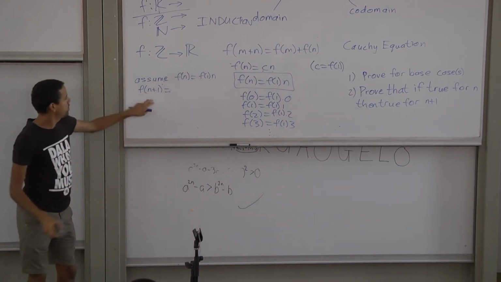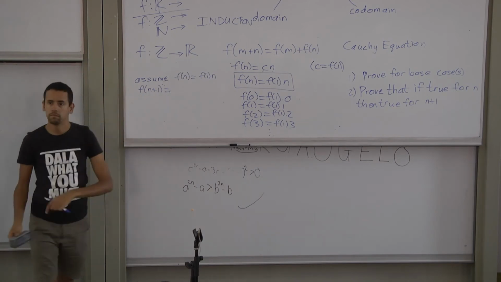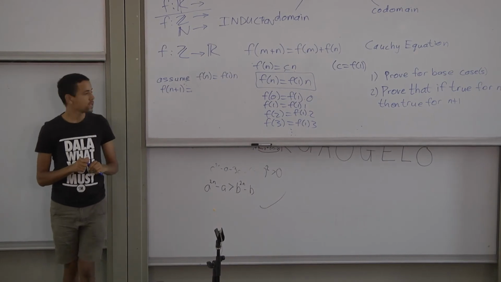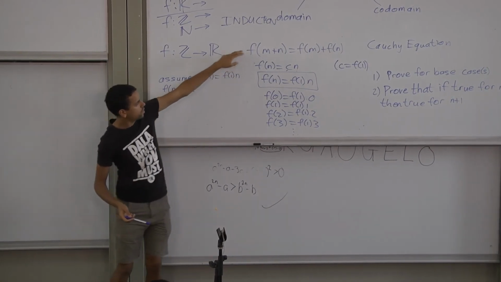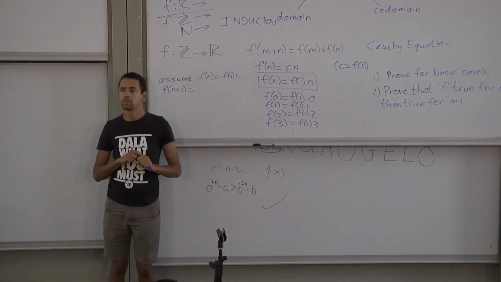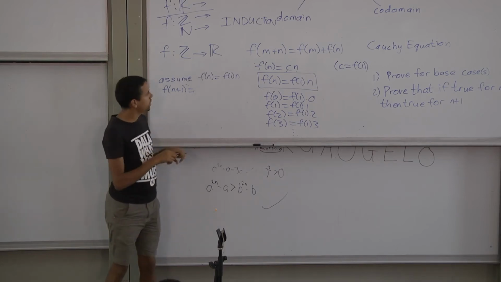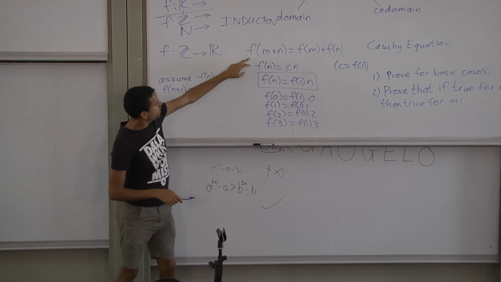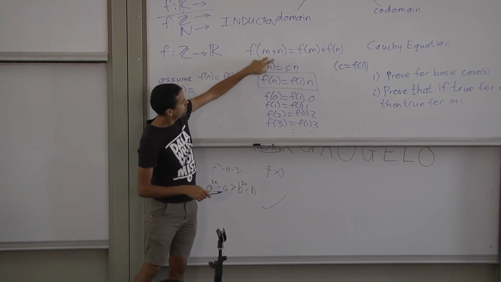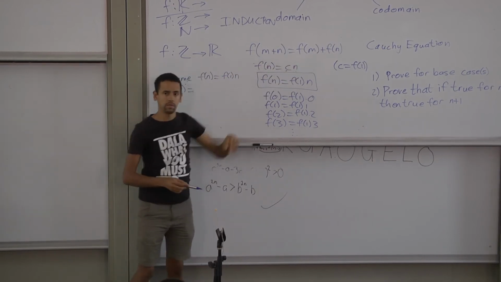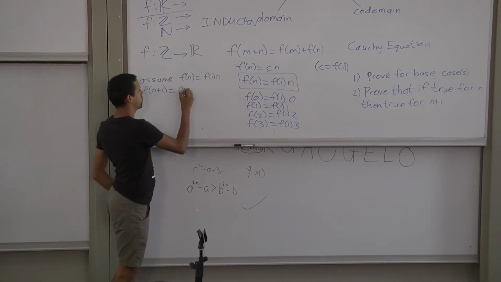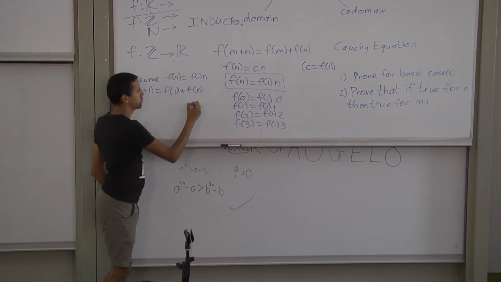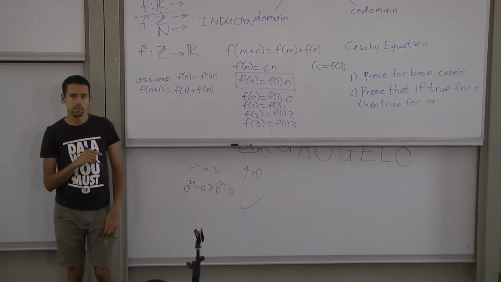Okay, what can we do with f of n plus 1, using the original equation that we have? Well, we can put m equals 1 in here. Then we get f of n plus 1 is f of 1 plus f of n. That's from the original equation.